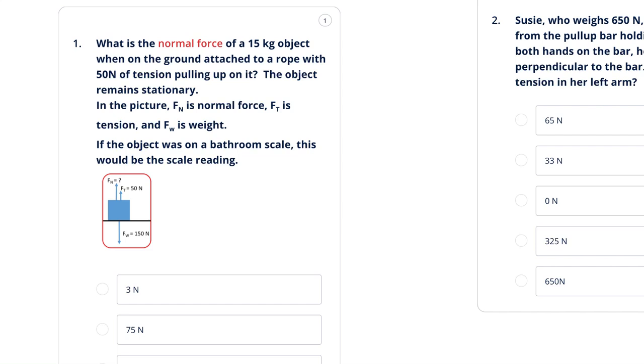Okay, if the object remains stationary, that means the net force is 0.